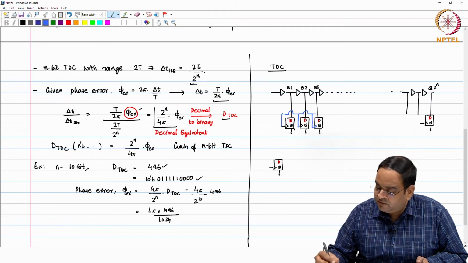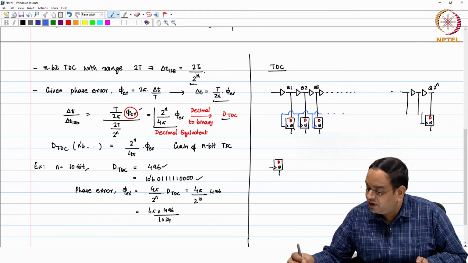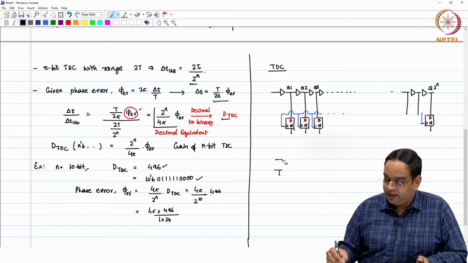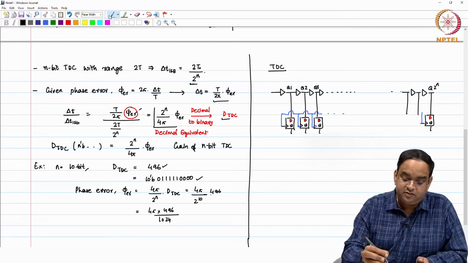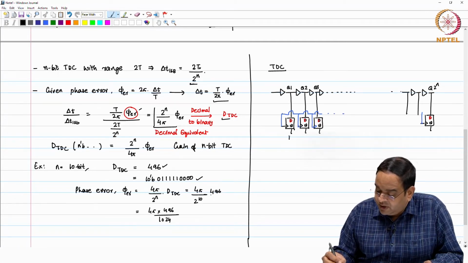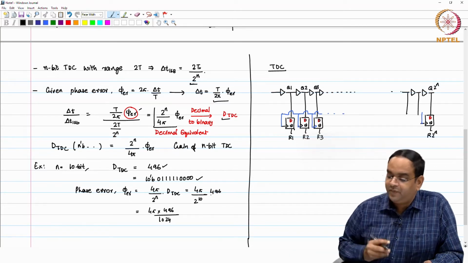A clock is there which connects all of these blocks, and finally it comes here. Okay. So, this I am going to call R1, R2, R3, R2 power n.